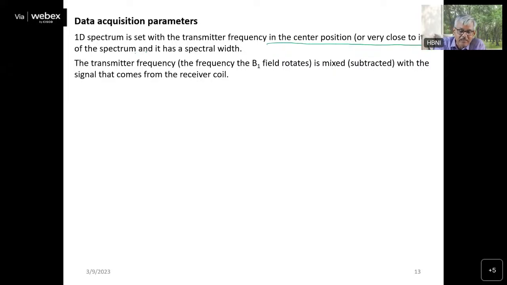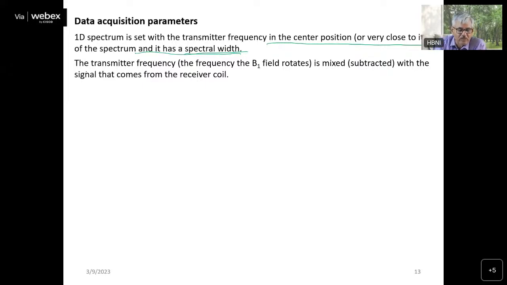In a spectrum, you will not be measuring only one frequency, but a range of frequencies, like chemical shift. For proton it is around -10 to +20, carbon-13 from -50 to +250, and in fluorine you will see more than 1000 ppm. This is called the spectral width.